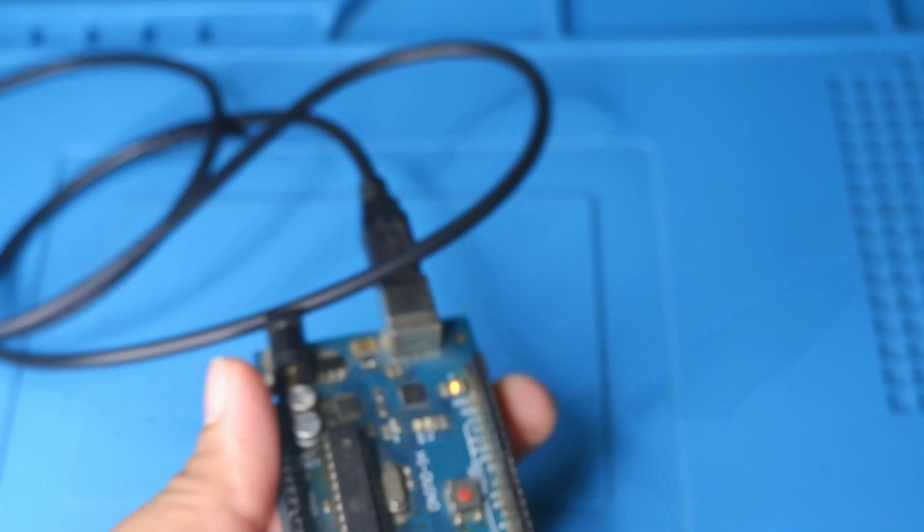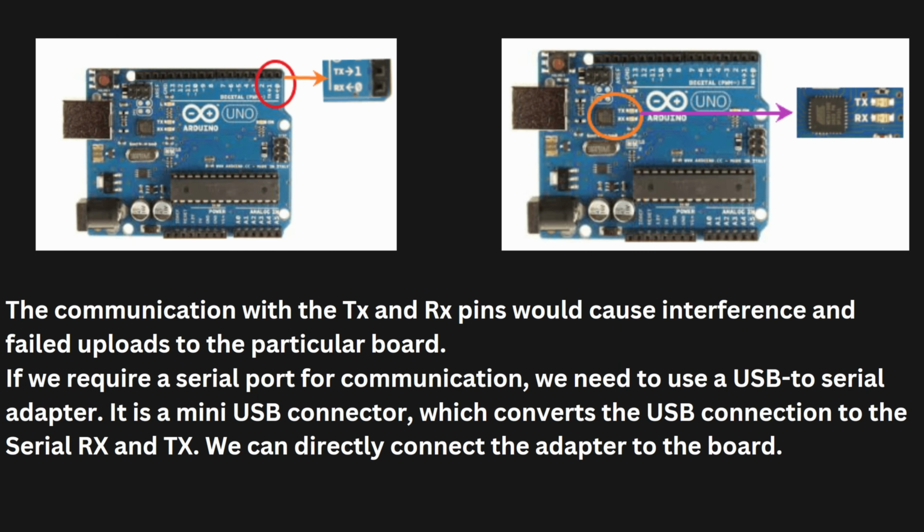But the problem is that when we are doing this with the RX and TX pins, there can be a lot of noise in the communication process, and the code that you are trying to burn will not be burned properly. There might be failures while uploading the code.